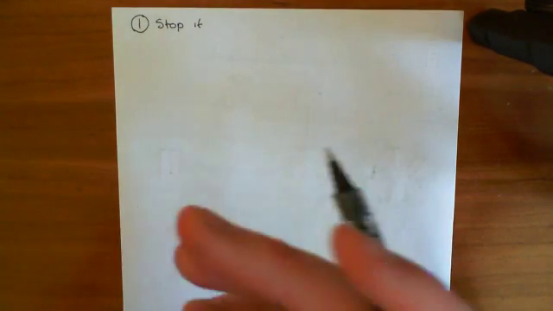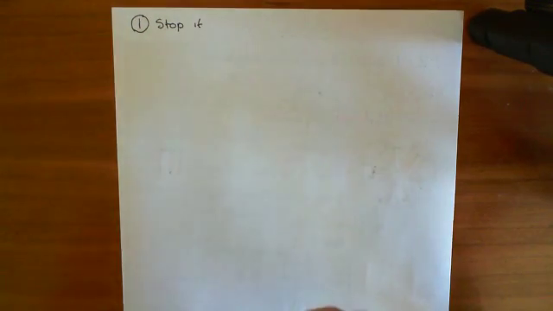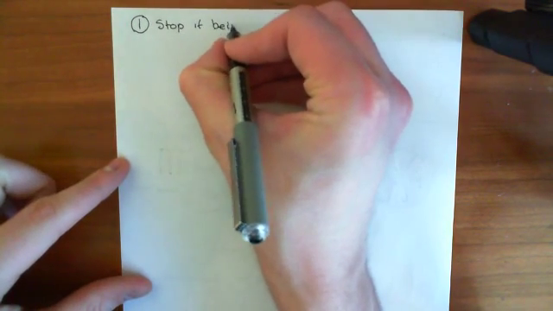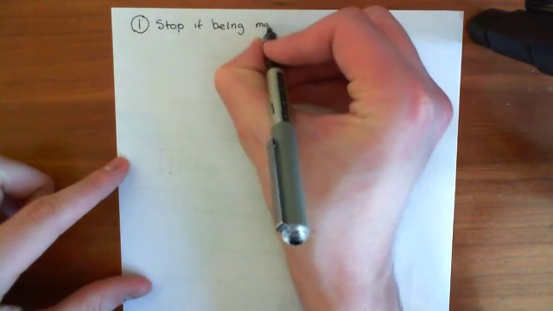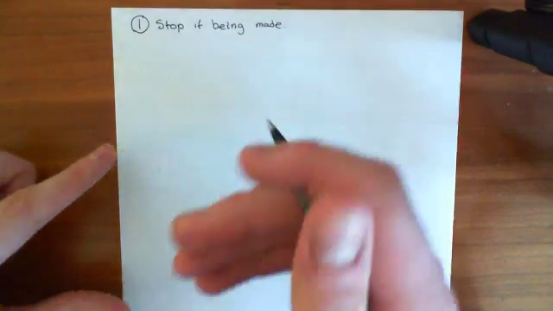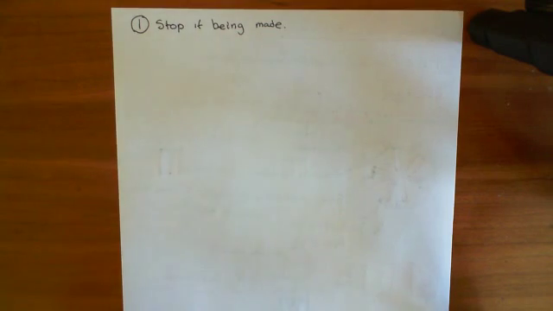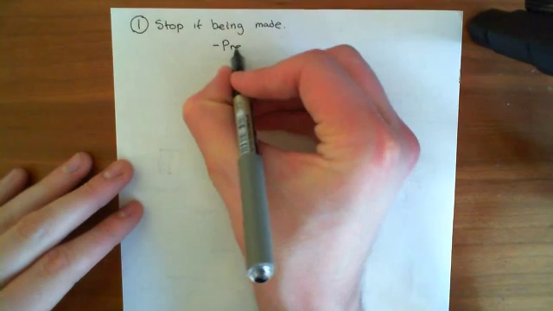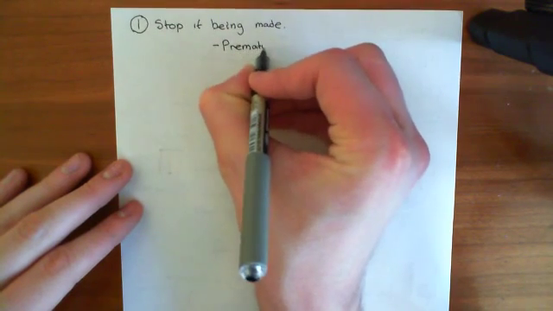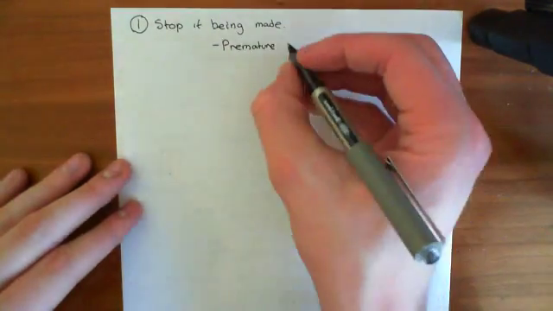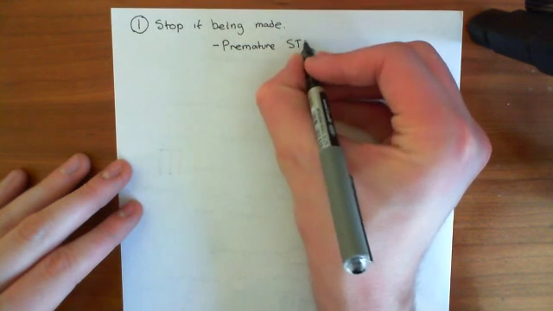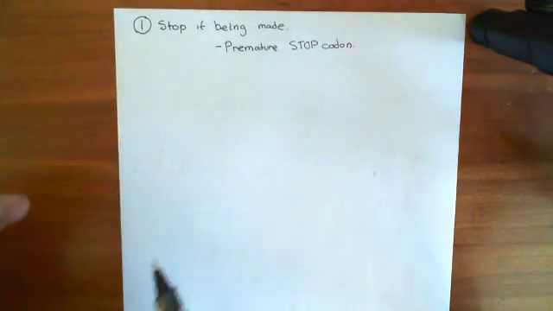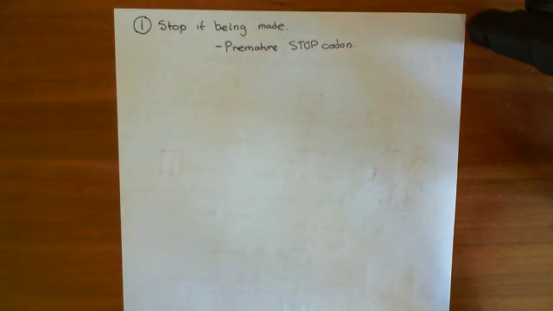So stopping it being made was the most common type of mutation that constituted a loss of function mutation in the LDL gene. An example of that would be a premature stop codon, which means that the translation of the mRNA would be terminated too early on. Okay, right. So that was the most common type of loss of function mutation.